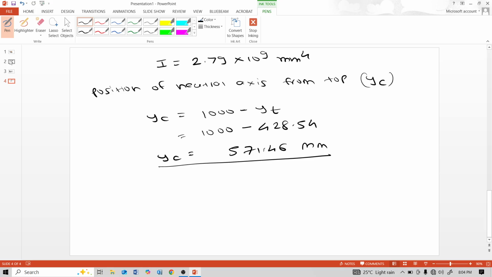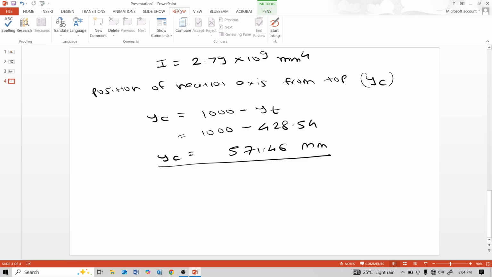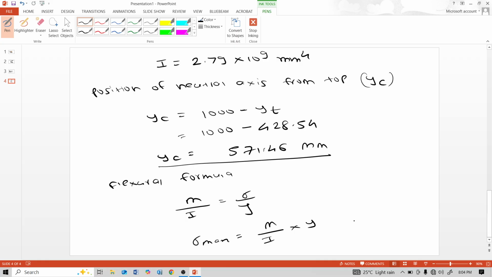and we have to calculate maximum stress induced, and with the help of this flexural formula, M by I is equal to sigma by Y. Sigma max is equal to M by I multiplied by Y. If this Y is maximum, then this sigma is maximum.